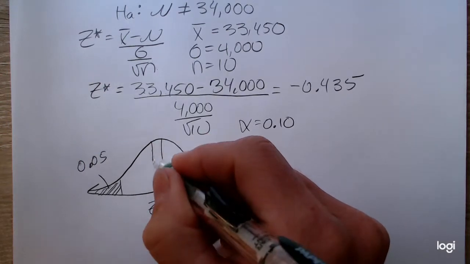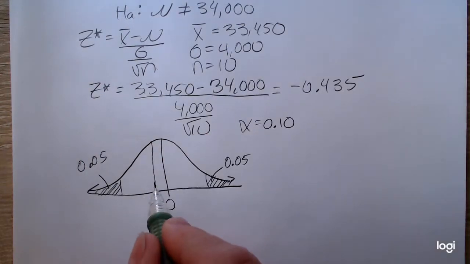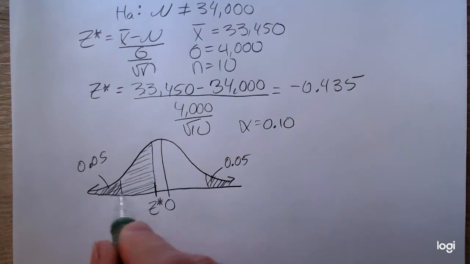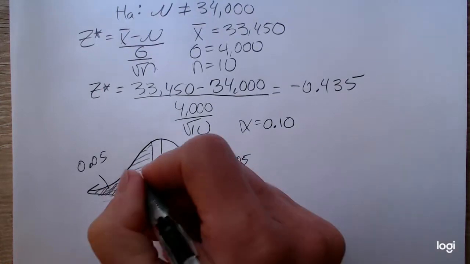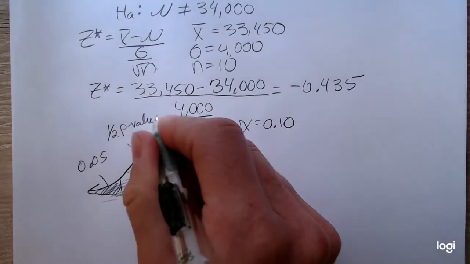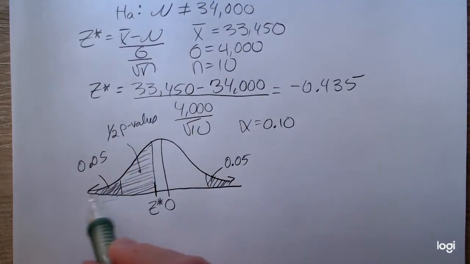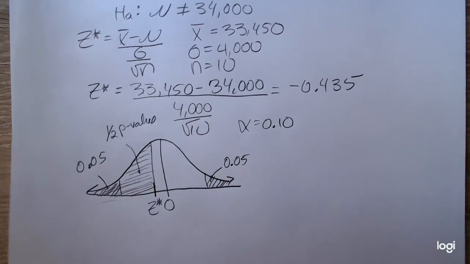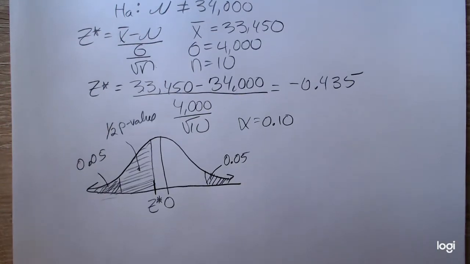The p-value is going to be double the area going further to the left of the standardized test statistic. Because we divided alpha in half, this area here represents half of the p-value. So after we find this area corresponding to our test statistic, then we'll go ahead and double it to get it back in terms of comparison to alpha.